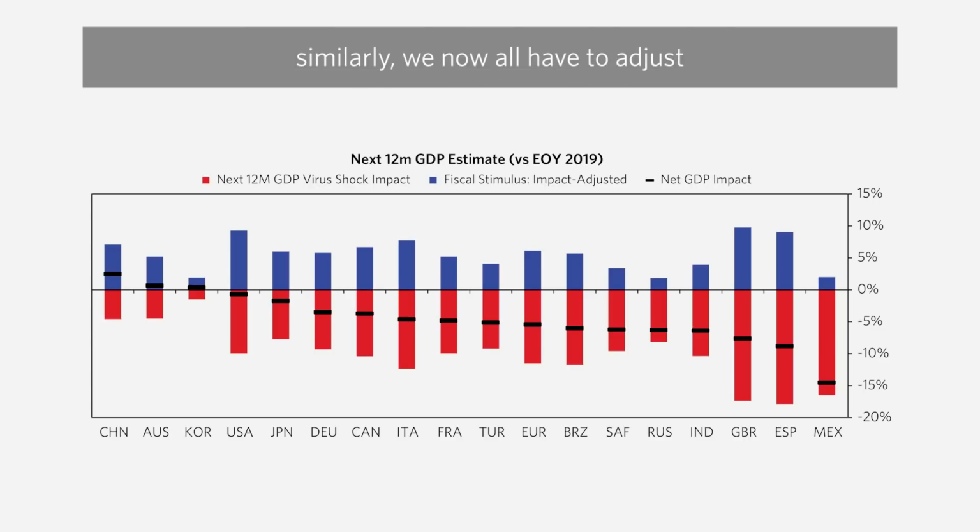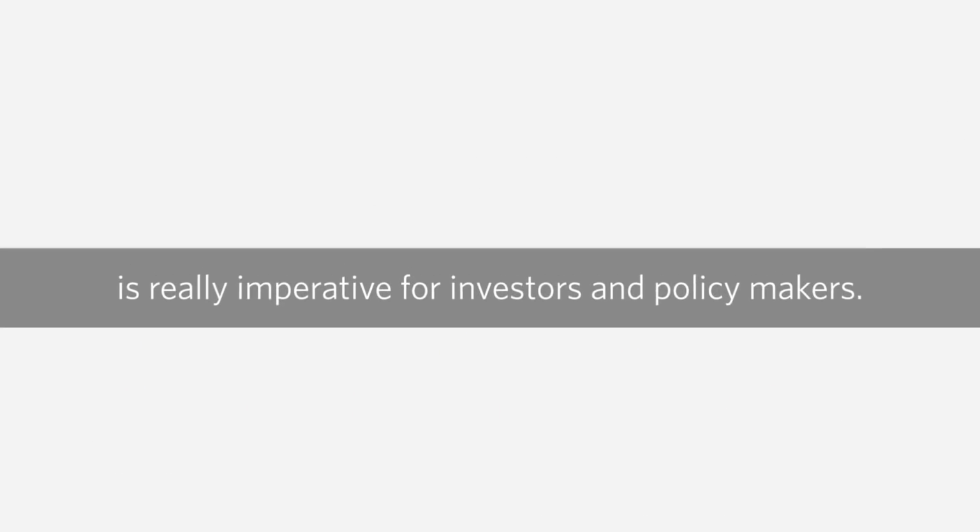Similarly, we now all have to adjust to investing in this world. So the traditional boom bust cycle driven by higher and lower interest rates is out. The new boom bust cycle driven by fiscal policy is in, and getting used to that and thinking about that world is really imperative for investors and policymakers.